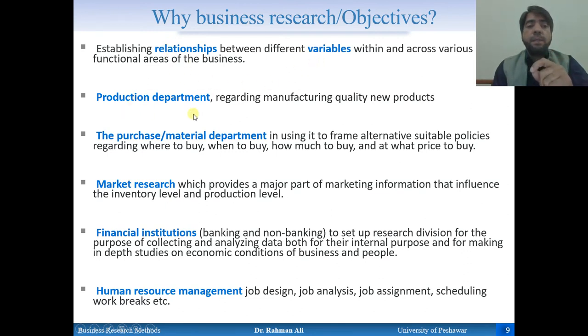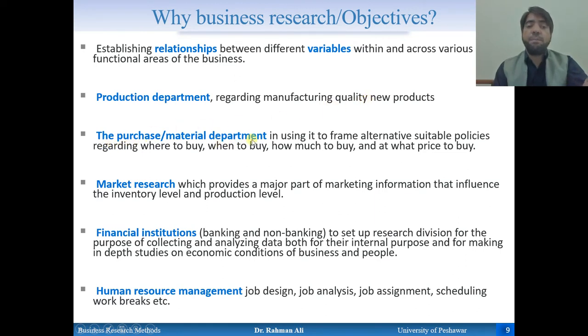Similarly, the production department can also be helped out. If we have business research, we can guide them to manufacture quality products or in more numbers, or to focus on which aspect of the production cell. It's only possible with business research.